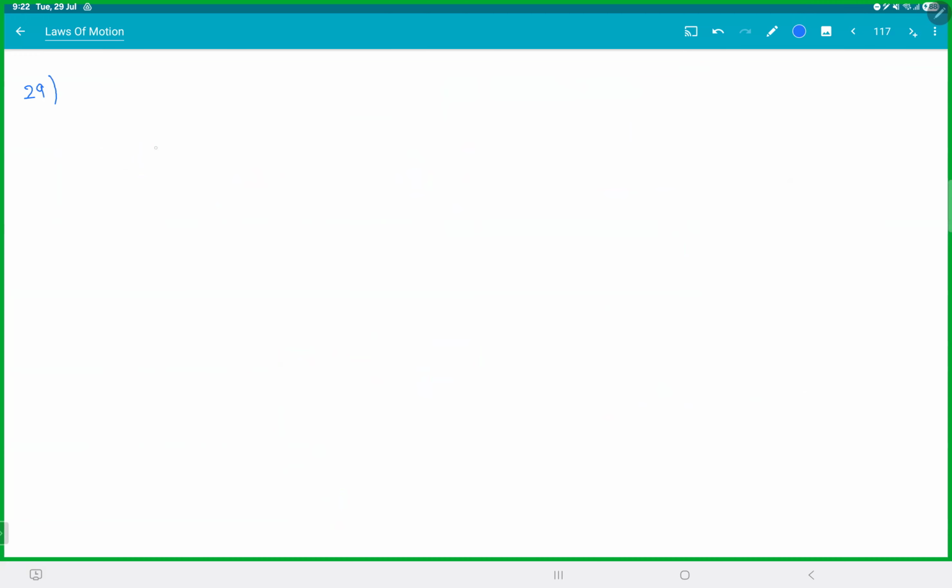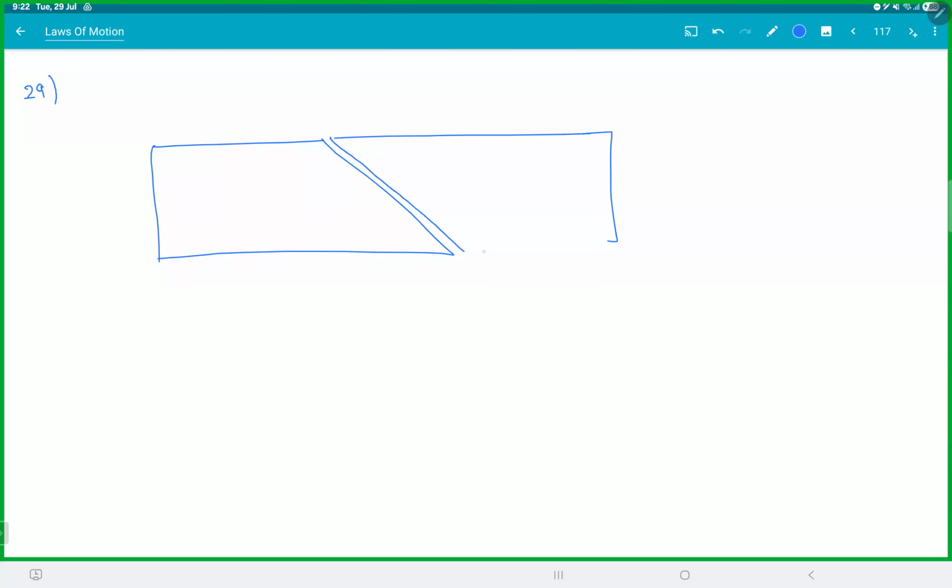Let's say you have two blocks like this. This is 2m and this is m. This is angle theta, this is angle theta. It's like you take a sandwich and you cut it diagonally.